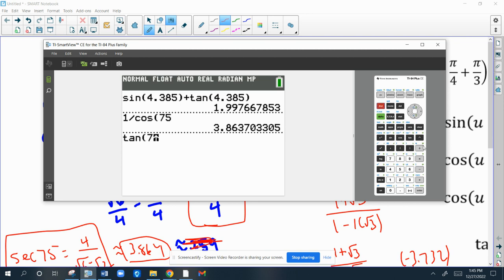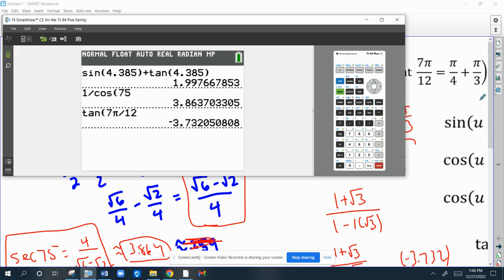I lost my pi here. Pi over 12. And hopefully that's going to be negative 3.732. And it is. So that checks as well.